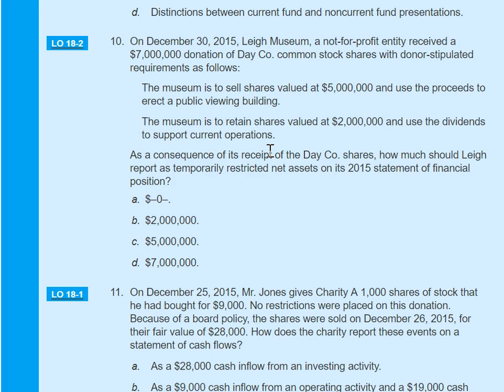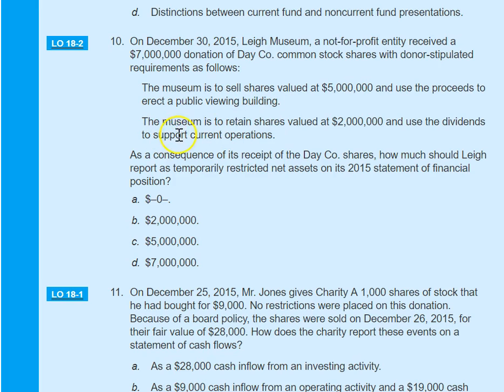That means they received this 7 million donation, but there are some restrictions. Now we will classify those restrictions. Number one is a temporary restriction, because once they are done with the construction of that building and have spent all that amount on it, they will be able to transfer those amounts from temporarily restricted to their unrestricted fund.